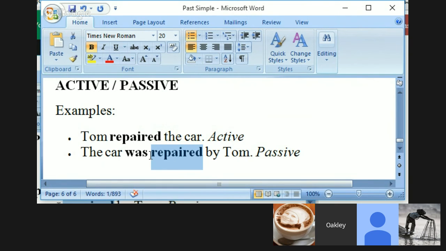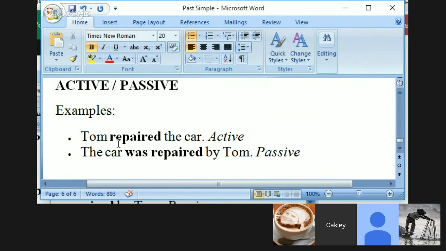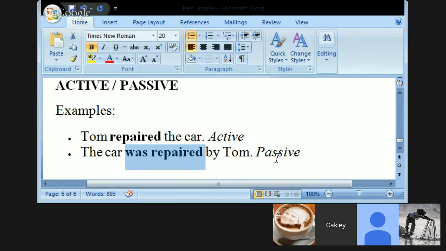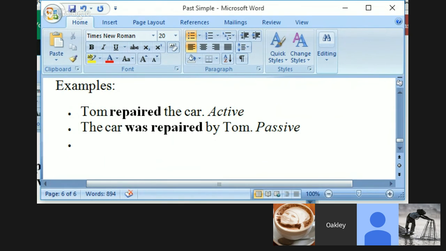The was here is actually what indicates the verb tense itself, here the past simple. So, the car was repaired by Tom. This is the form of the verb. So the action happened to the car. There it is. Let's see if we can try to form a passive sentence.